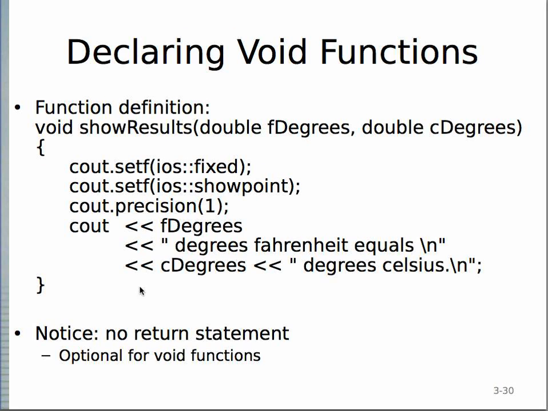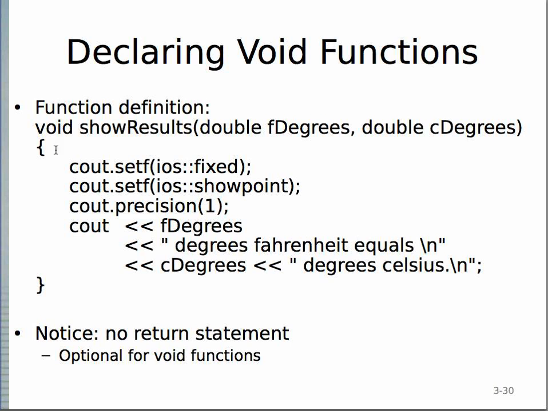So for void functions, notice you'll have no return statements. You can have a return here actually, and that's perfectly fine. And sometimes people do it. It's completely optional for void functions. If you return something other than void, yeah, you definitely do need a return statement where you return something which is compatible with whatever type you're returning.